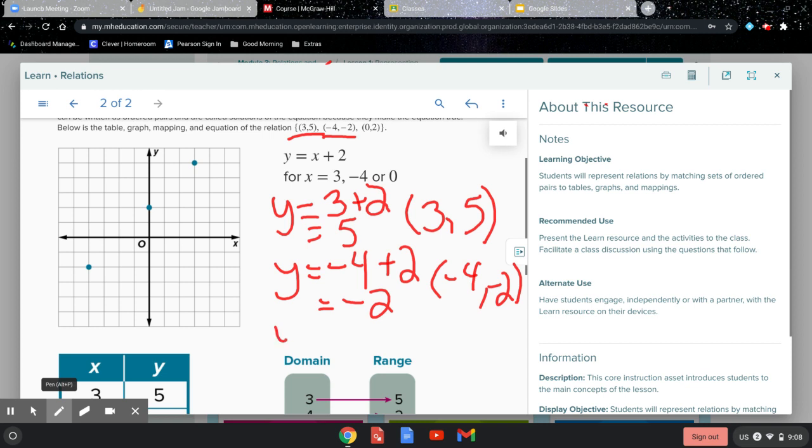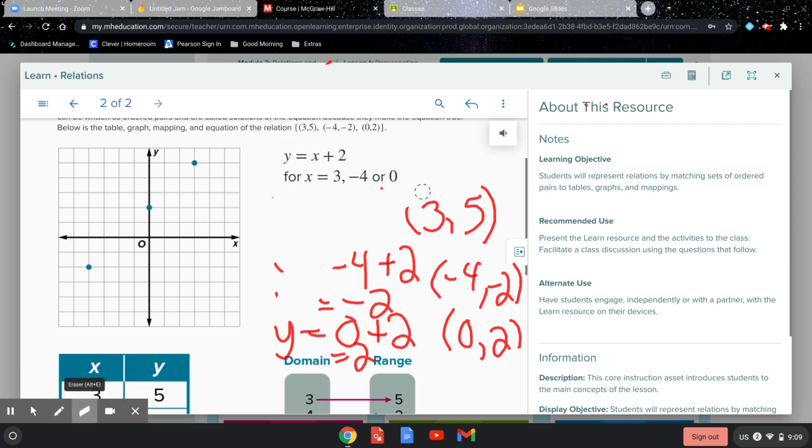And if I plugged in 0, zero plus 2 equals 2. So I'd have (0, 2). And that's what we got for this one too. So if we're given an equation and it gives us domains, to find those ranges, all you need to do is plug each domain into the equation, and it will output your range.